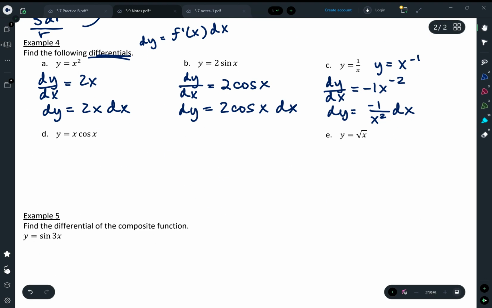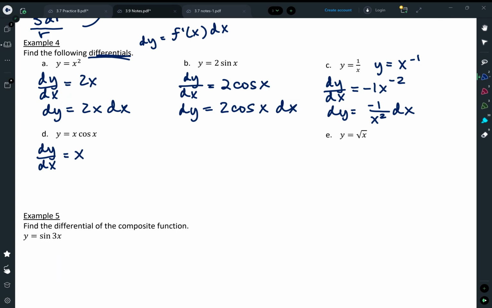And then our last row, so for this one, I have 2 functions being multiplied, so I've got to think of product rule. So dy dx equals, we've got our first function times our derivative of the second, which is negative sine x, plus our second function, cosine x, times our derivative of the first, which is just a 1.